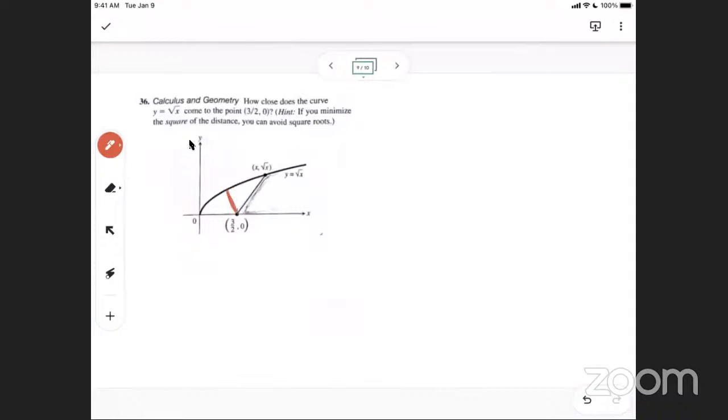This is going to be a right angle. That's the closest it will come, when that is a right angle. But it's not really a straight line, so it's hard to say that. Okay. How close does the curve come to the point?